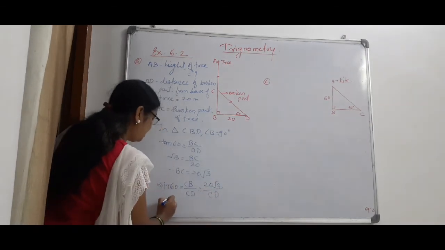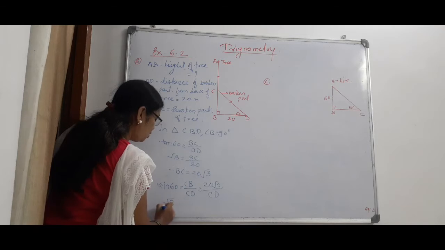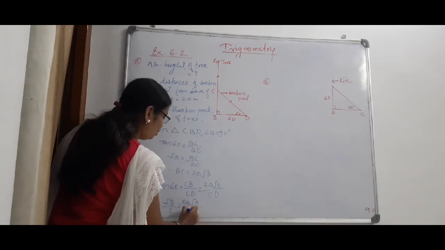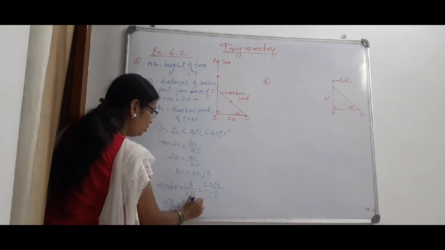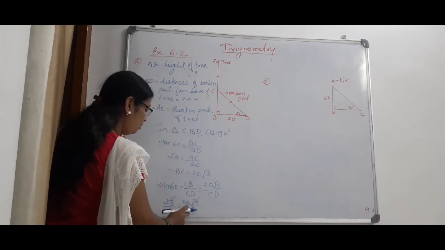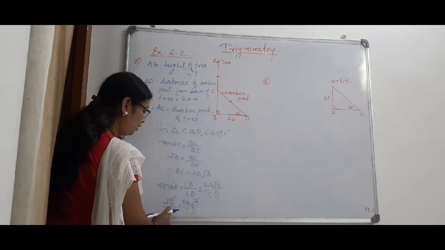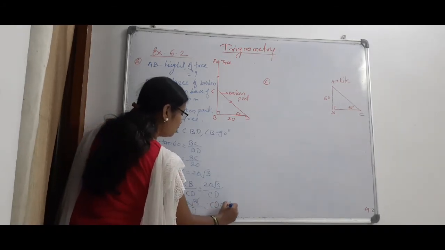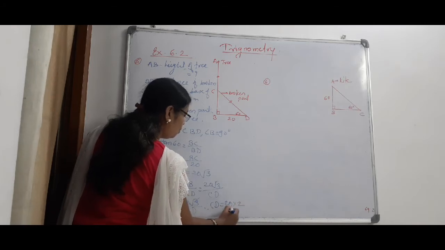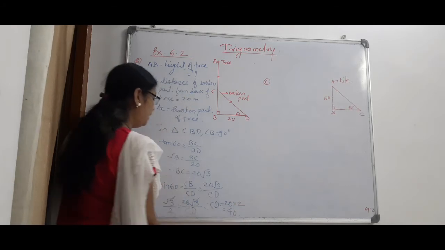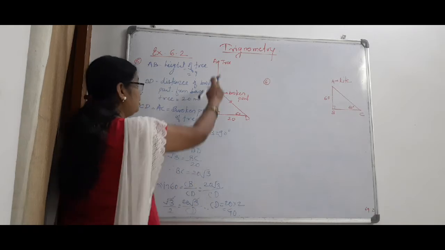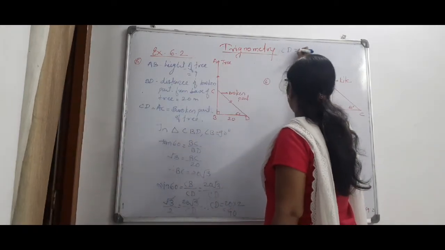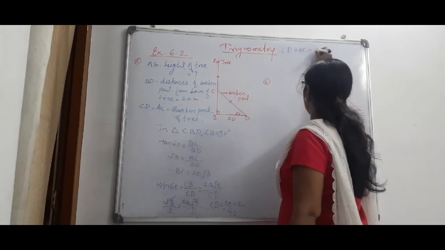And sin 60 is √3/2, so √3/2 is equal to 20 √3 upon CD. Now √3 and √3 will be cut. What you get? CD is equal to 20 into 2, 40. And CD is 40 means AC is also 40.